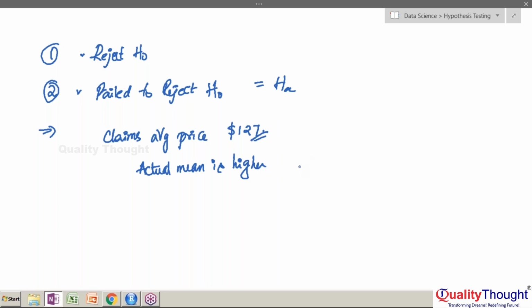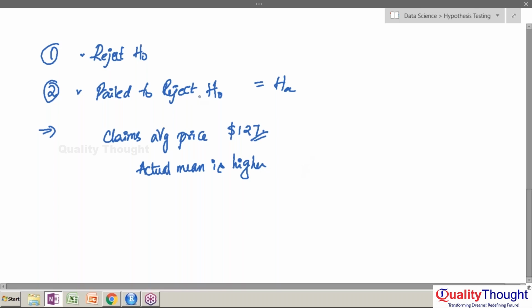By default, we are not going to calculate anything else here. What we are trying to identify here is, can you please tell me what is the null hypothesis and what is the alternate hypothesis? That's it.